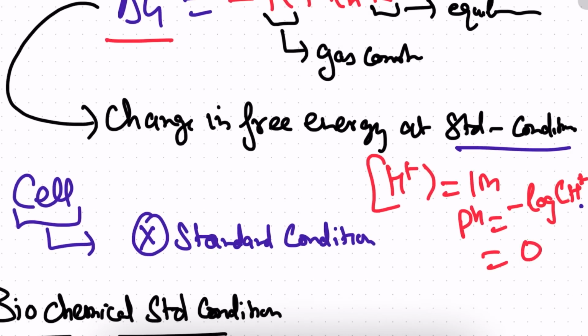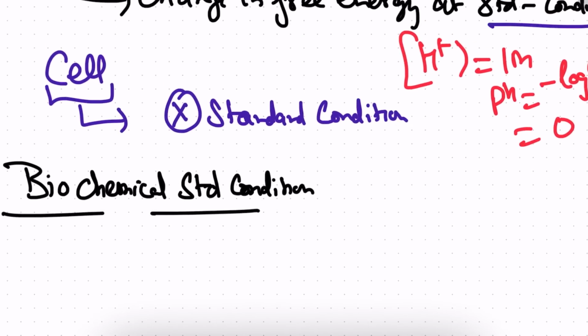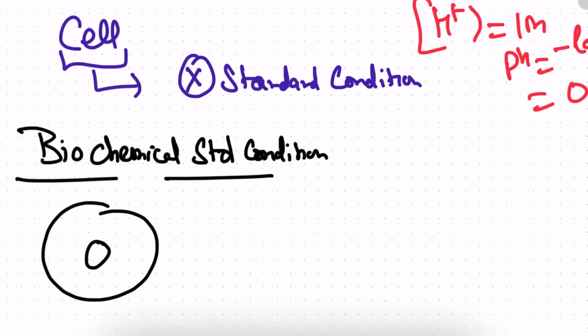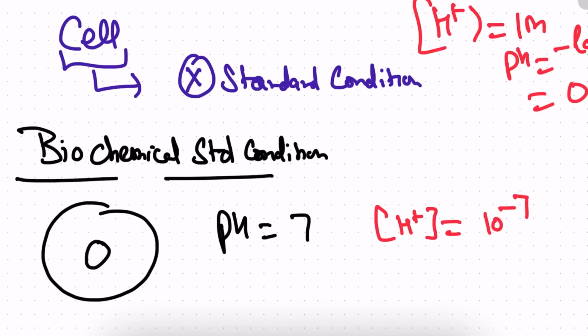Okay, now try to see here, in case you have a cell, within the cell you are generally going to have a pH of 7. So we are going to take this as the standard. In biochemical standard condition you take the concentration of hydrogen ions as 10 to the power minus 7.